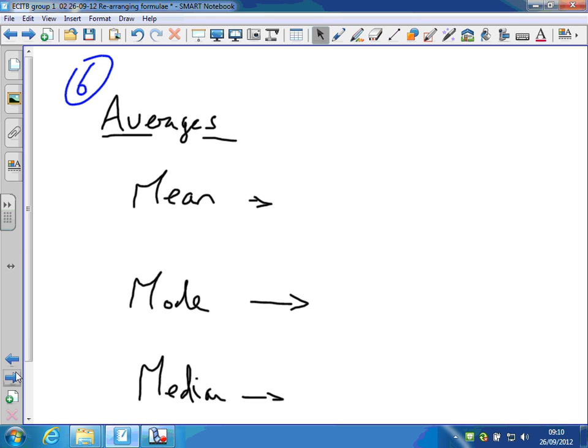Averages, mean. How do you find the mean average? Yes. You add them all up and divide by the number there are. That's a symbol for the mean, x bar. Add up all the numbers. How do I write that symbolically?